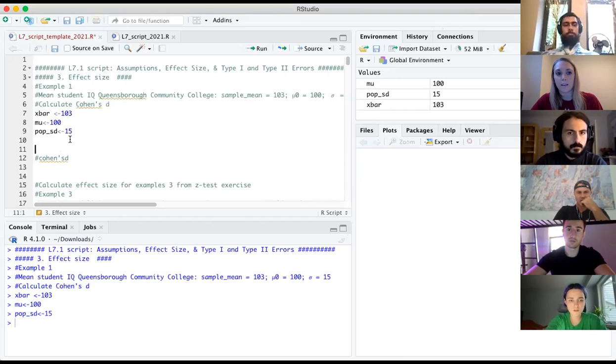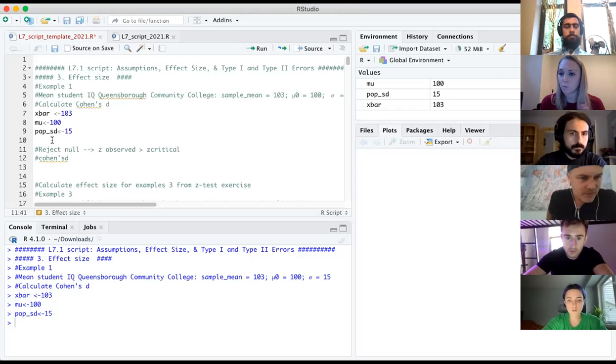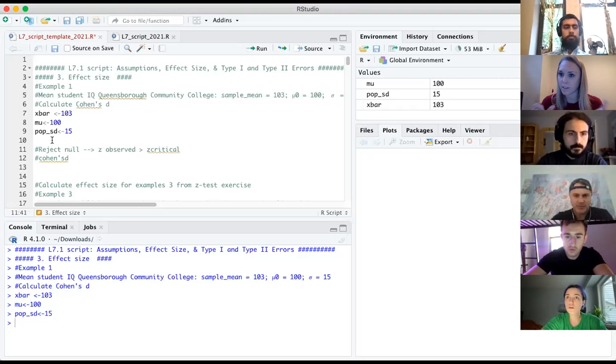We could calculate our Z observed and do all of our statistics here and the standard error, but we've already done all that. We know that we have a significant result, so I'm just going to say reject the null. Our Z observed is greater than Z critical. This is when we compared the 2 to the 1.96. Everyone remember that?